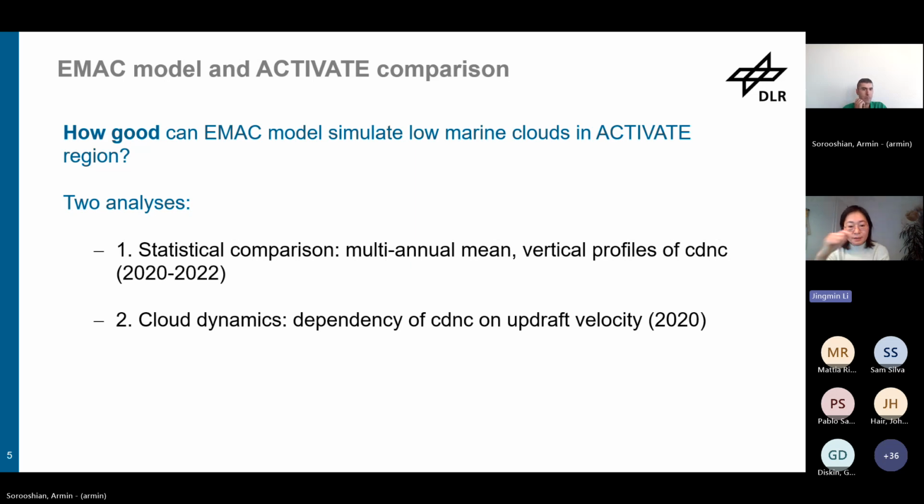The next is we would like to evaluate the model cloud dynamics. We would like to see whether the global model can reproduce the dependency of CDNC on updraft velocity, as has been identified in Kirschler et al. 2022. Next slide.